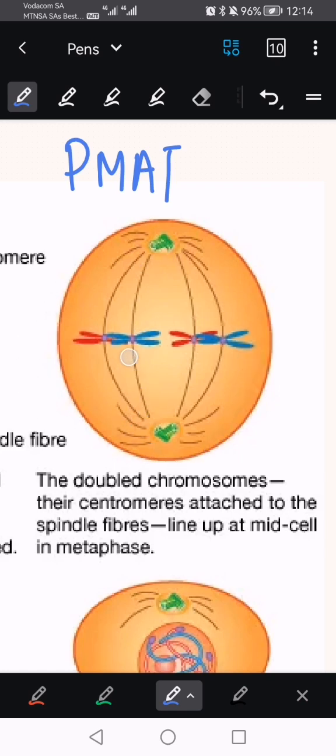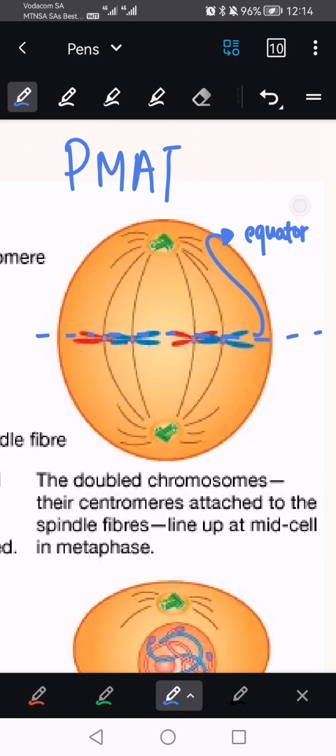Now, in the metaphase, these double chromosomes, I said single, but I must make sure that I'm saying double, they go and lie on what is called the equator, the imaginary line that divides the cell in half, right?